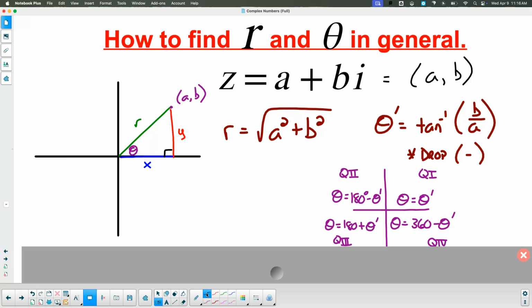I don't know what X is, I don't know what Y is. The only thing I know is R and theta. For X, cosine. So the cosine of theta is going to be X over R. Do we agree with that? Using the CAH of SOHCAHTOA. Which means then that X here is going to be R cosine of theta. Yes?